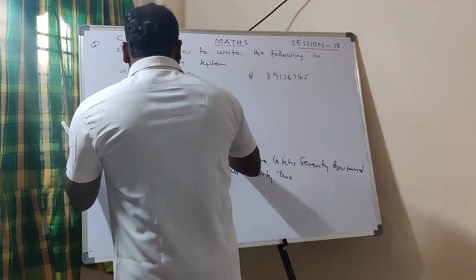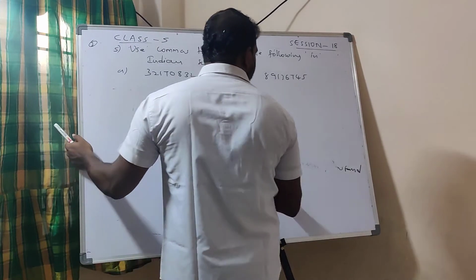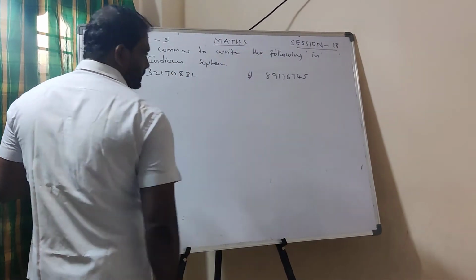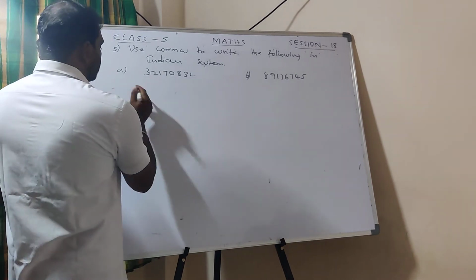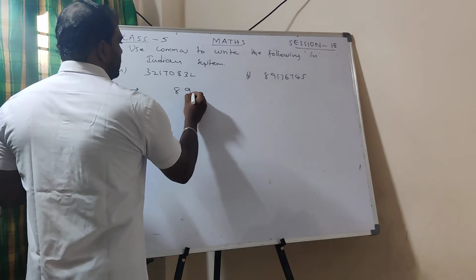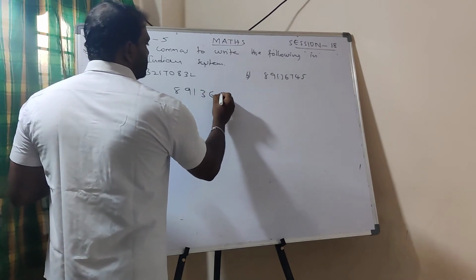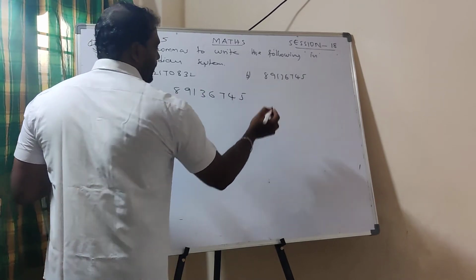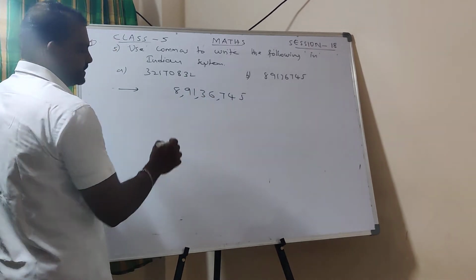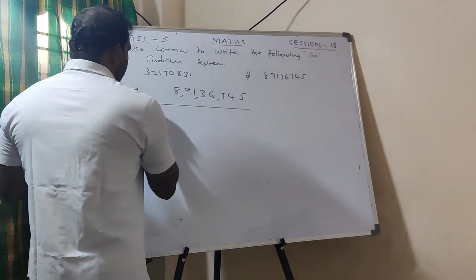Okay. Next, I'll go for the last question in this session. A very simple bit, no need to explain much more. Already it was mentioned in the previous classes. So it is 891 3, 6, 7, 4, 5. So units, tens, hundreds, thousands, lakhs, ten lakhs, crores. Same pattern, 8 boxes.